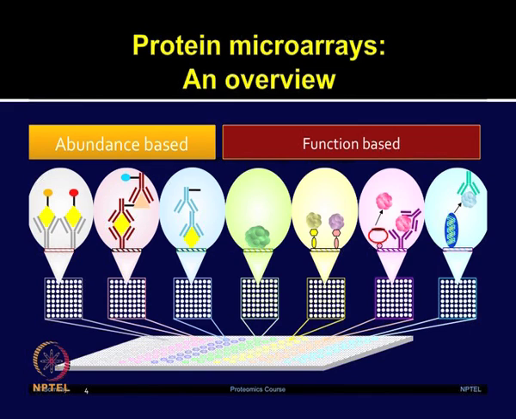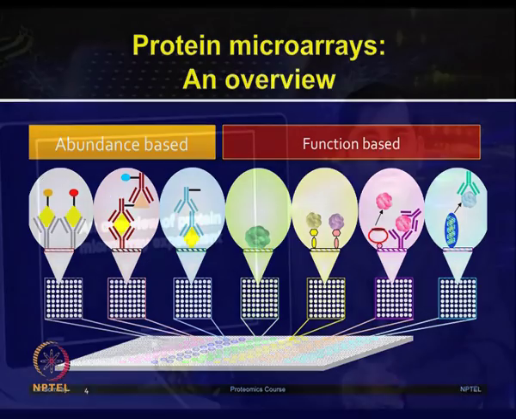We talked about reverse phase arrays, and then we discussed different ways of making function based protein microarrays, which include immobilizing purified proteins or peptide fusions with tags, as well as different cell free expression based approaches. With this refresher, I hope you now remember that there are many types of protein microarray platforms which can be used for addressing different biological problems.